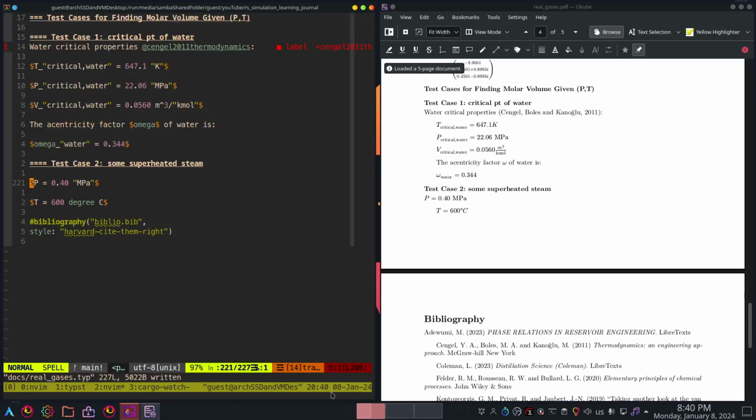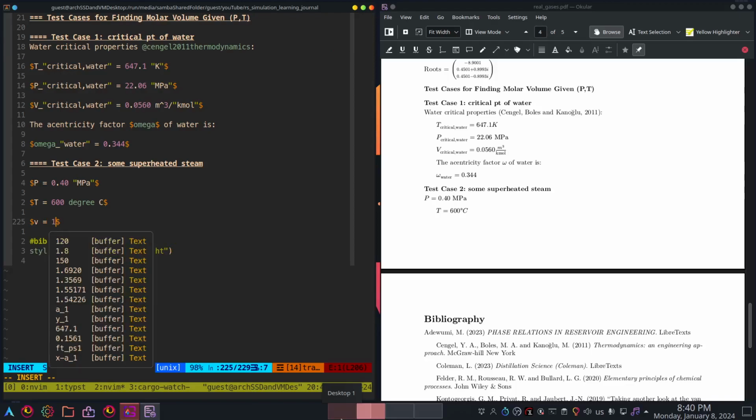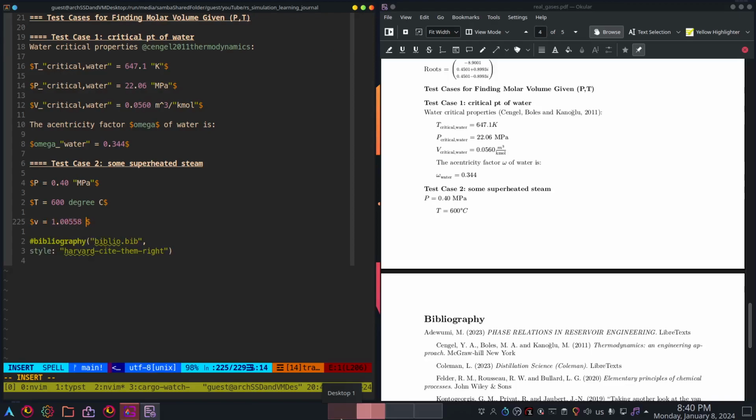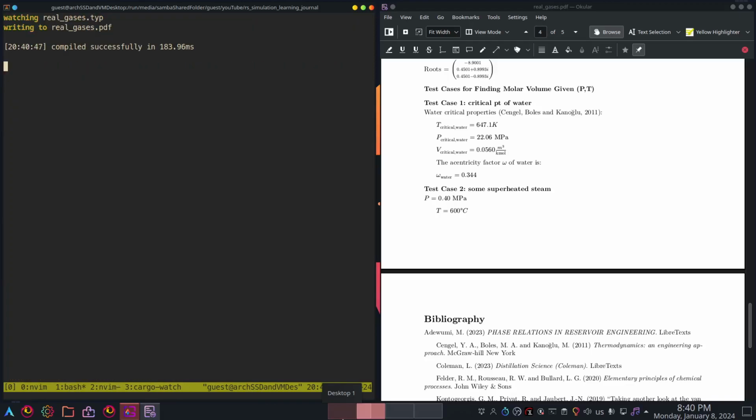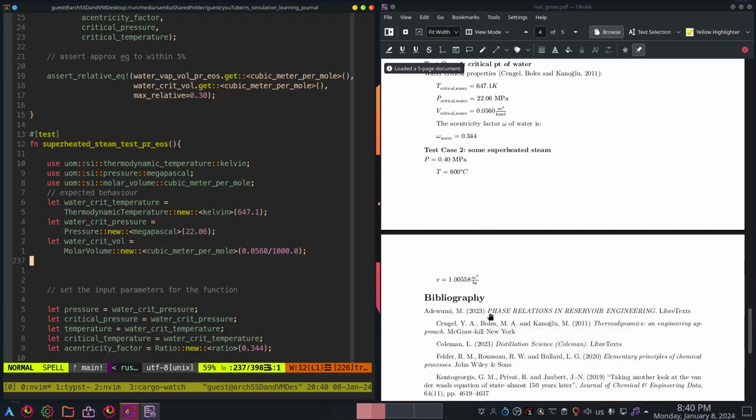Okay, here are the properties, and the specific volume here, V equals 1.00558 meter cube per kg. Okay, so that's a specific volume. I'm going to do that again. Okay, so these are the expected behavior.